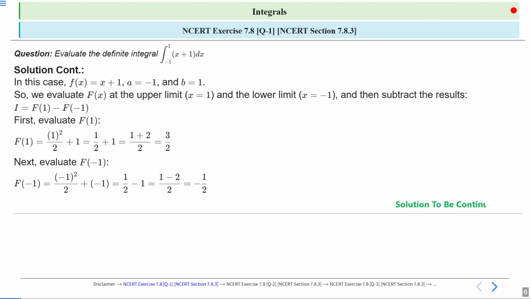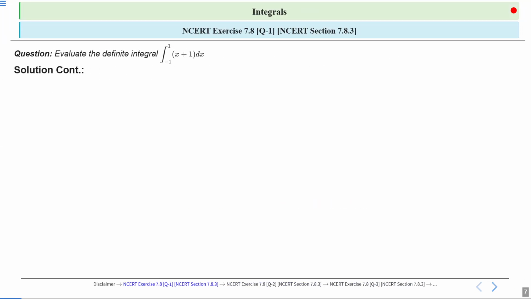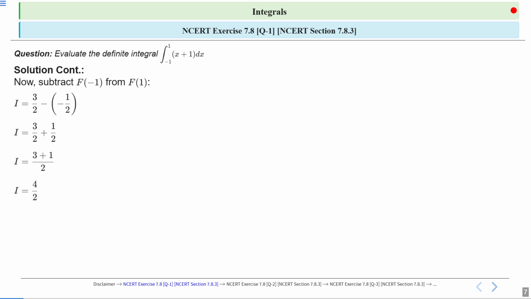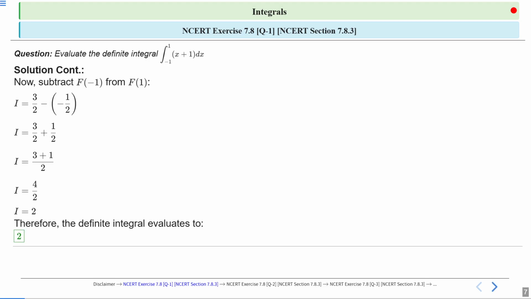So when we subtract, we get the value of the definite integral, that is 3 by 2 minus (-1 by 2). So I is equal to 4 by 2, that is 2. Therefore, the value of the definite integral is 2.